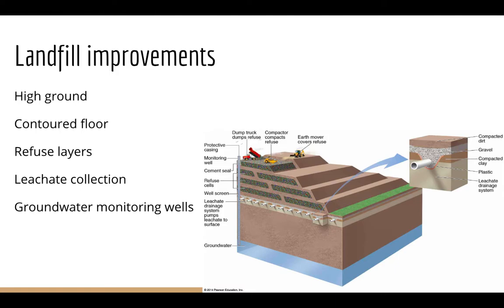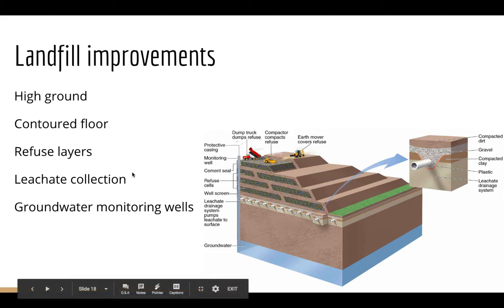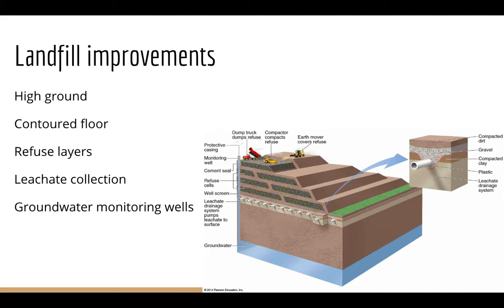And then at the bottom of that contoured area, you should have a leachate collection system. All right, so here's our leachate collection. You have this contoured floor, and then at the bottom of that contoured floor, you're able to collect any leachate that is created in these pipes you can see right here. And then you can take that collected leachate and treat it.